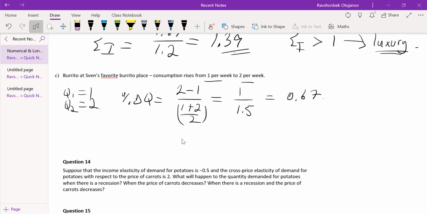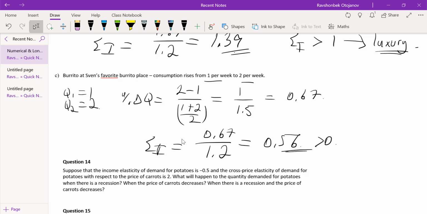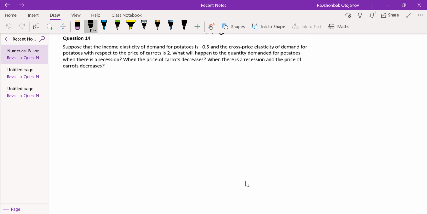It's easy. Now again we have the change in quantity and the income change, which gives us around 0.56. This is certainly greater than 0 but less than 1, so that's a normal good.